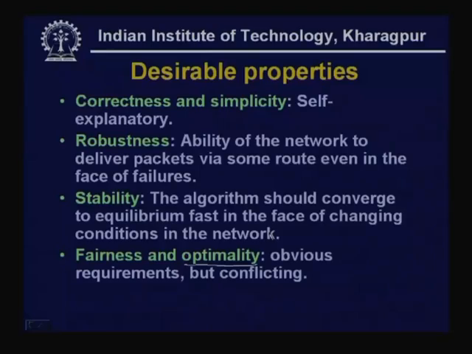If you give priority, then fairness is violated. For example, if you give priority to packets which are to be delivered to adjacent nodes, then the long distance nodes do not get fairness. So, these two terms are a little conflicting.